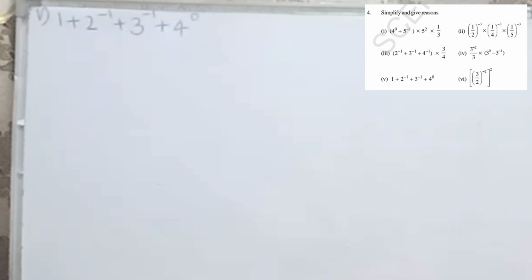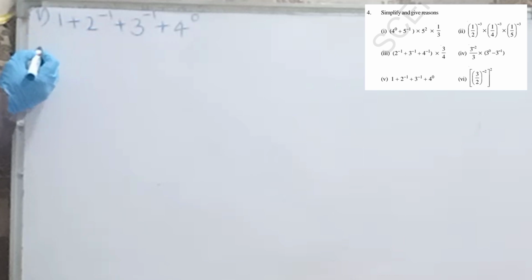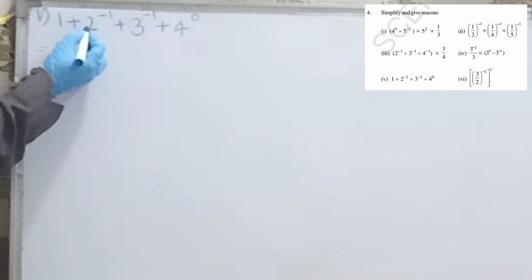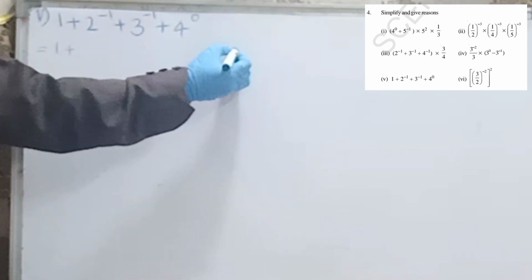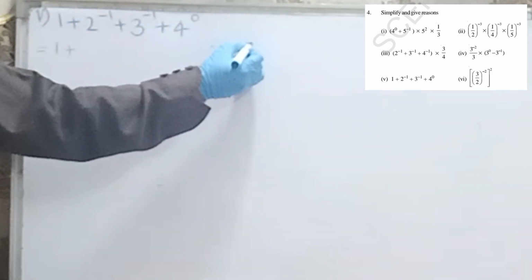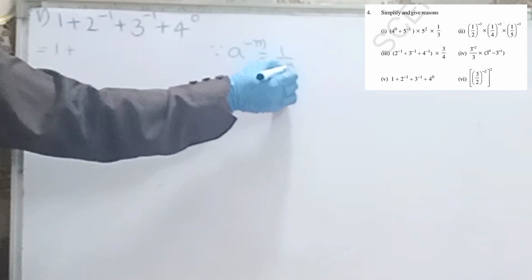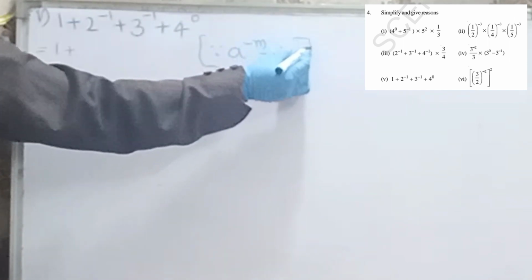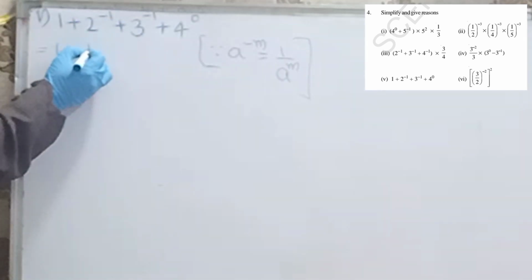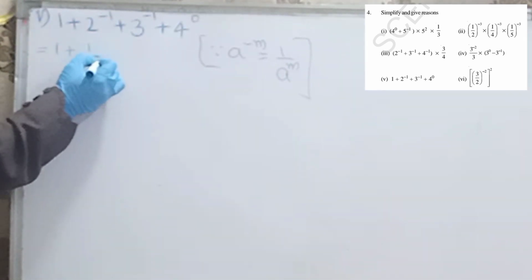Now in the next question, again we cannot use any formula of powers or bases since we have a plus in between all the 4 things. So first what we can do, 1 can be written as 1 only, plus 2 power minus 1. Since a power minus m is equal to 1 by a power m, we can write 2 power minus 1 is equal to 1 by 2 power 1.